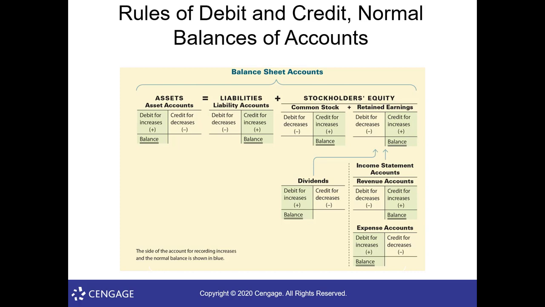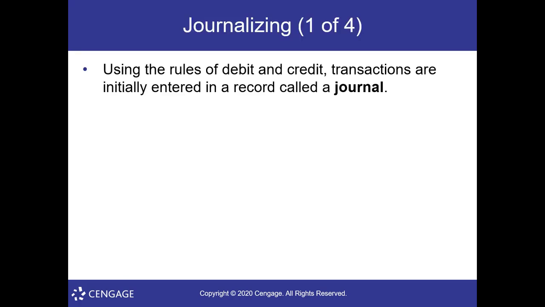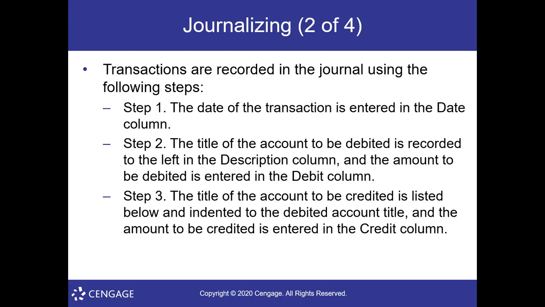As we record transactions, we analyze them and record them in what is known as a journal. A journal is chronological in nature, so we record transactions as they occur. In the far left column is a date, where we record the date of the transaction.